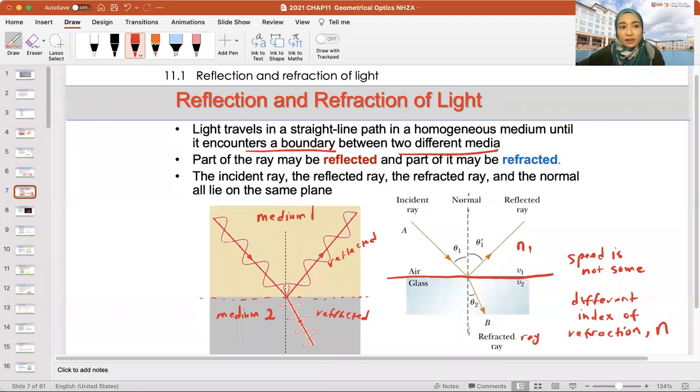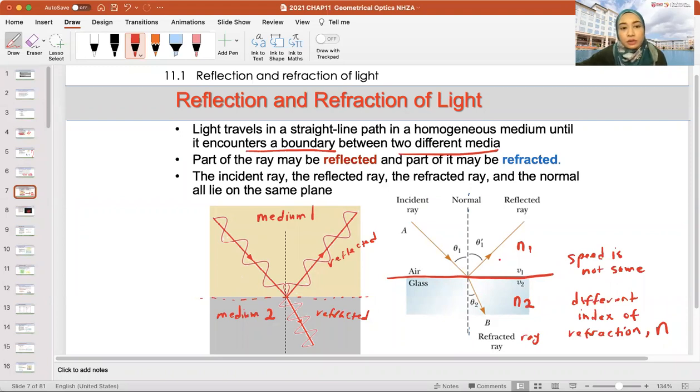The light has a velocity of V1 in air, and the light has a velocity of V2 in glass, and we call this medium to have index of refraction N2. We're just saying that N2 and N1 are not the same. They have different properties and they have different speeds.